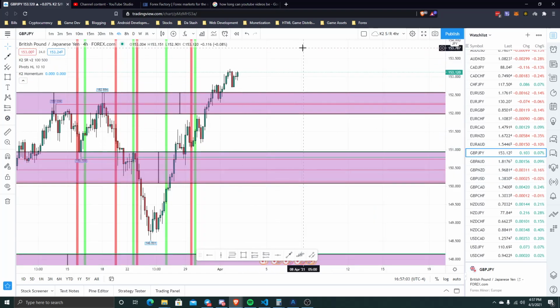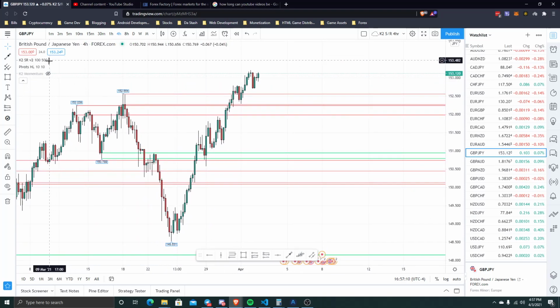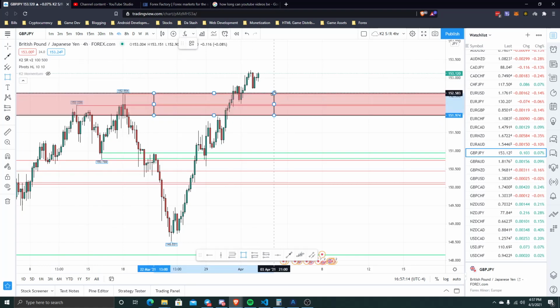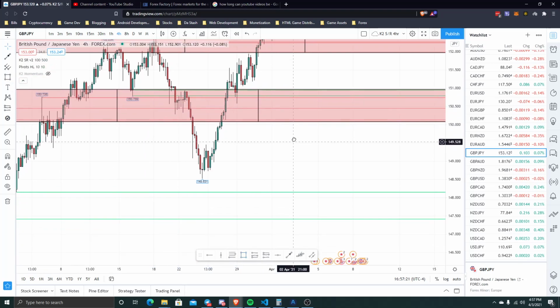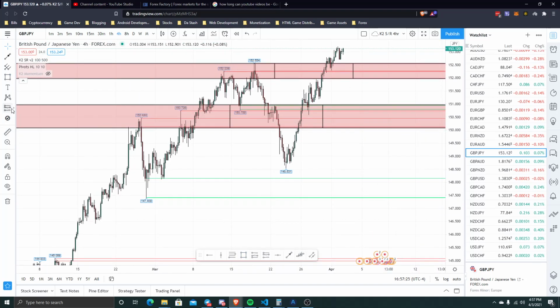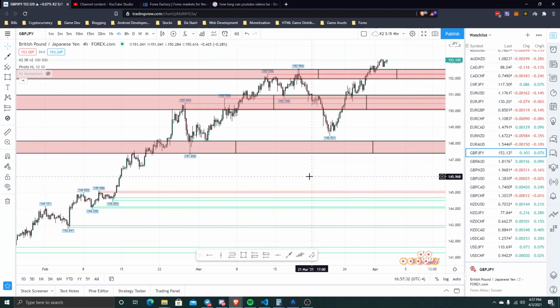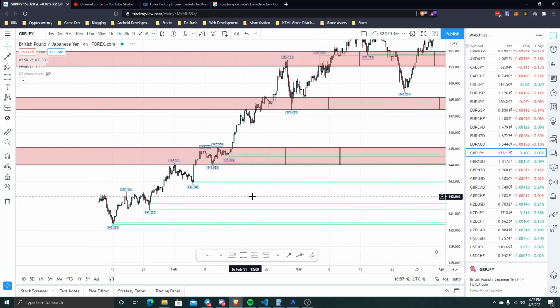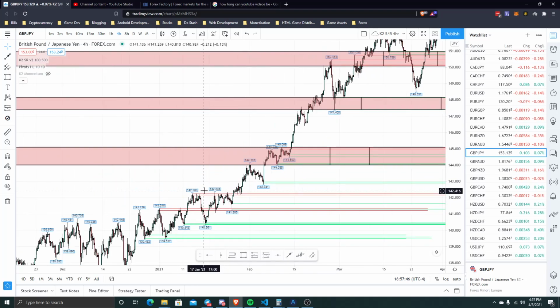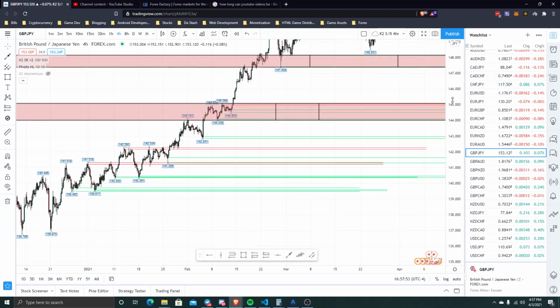All right, so GBP JPY, one of my favorite pairs to trade. So if you look at GBP JPY, it's been moving in this uptrend since December of last year, and it's still moving up.